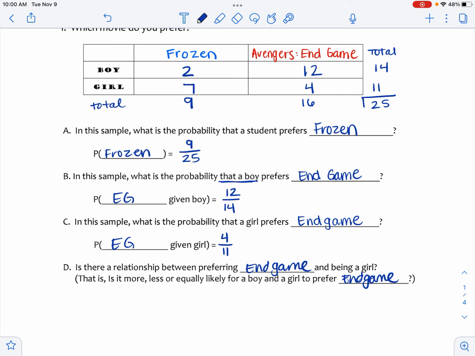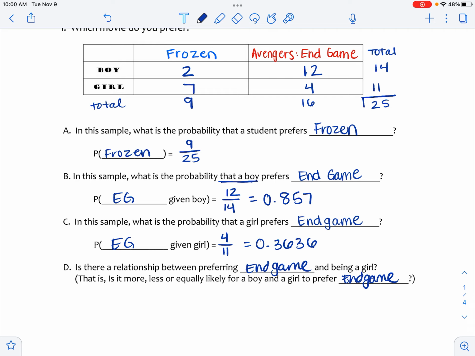So right now, what we have is these fractions, but we want to compare them. Sometimes that's kind of hard when you're looking at fractions with different denominators. So I'm going to switch these both to decimals. So this is 0.857. And 4 out of 11 is 0.3636. So for boys, it's about an 85.7% chance that you prefer Endgame.